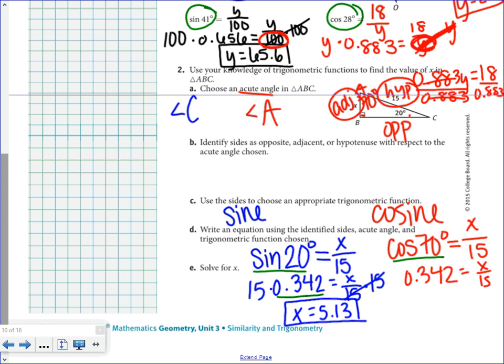And so if you solve that, you end up getting the exact same thing. So it doesn't matter which angle you pick. You just have to make sure that you are very precise with labeling your opposite and your adjacent and your hypotenuse. So now let's look at the next page.